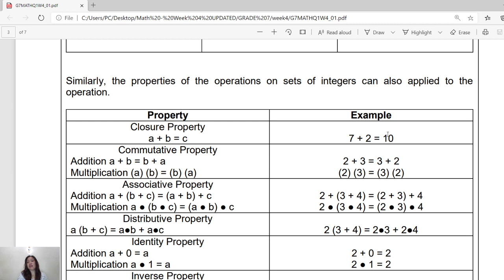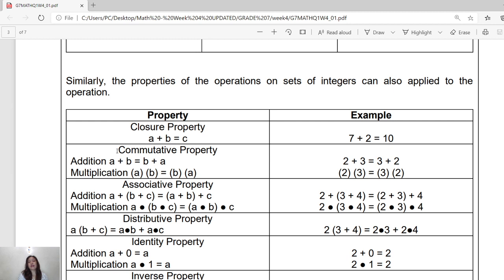Correction, this should be 9. So, 7 is an integer plus another integer, and the answer is still an integer. Please take note of that correction.